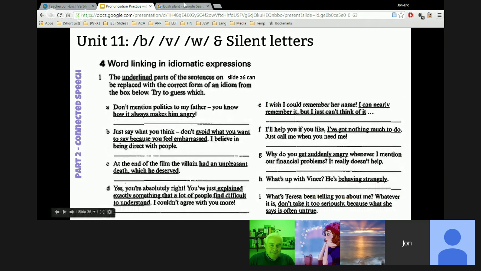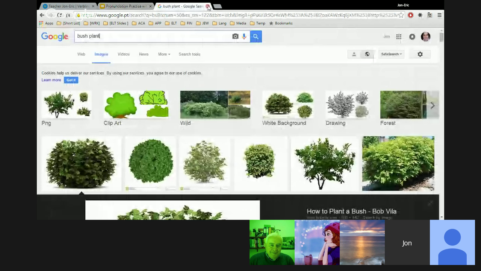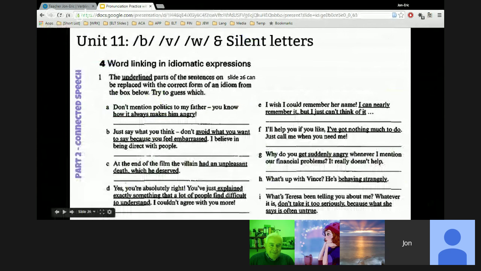Exactly. So it's going to be like this. Don't mention politics with my father. You know, it's like a red rag to a bull. It is the politics, not your father. It's like a red rag to a bull.